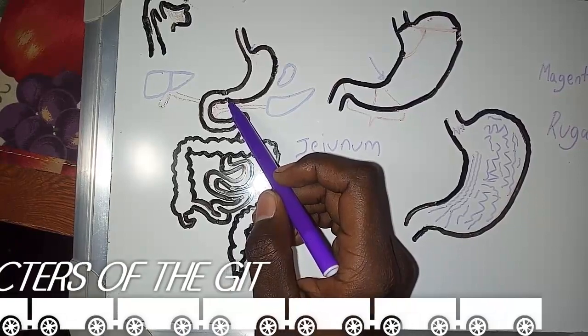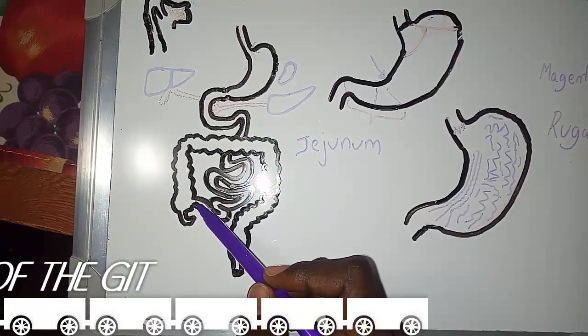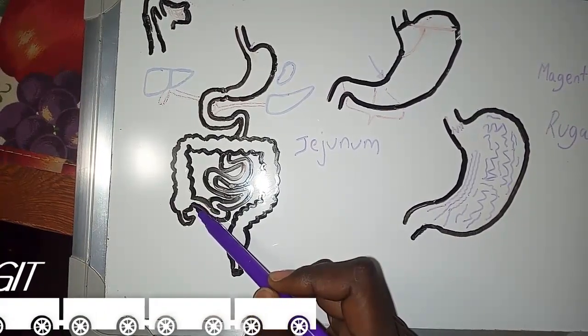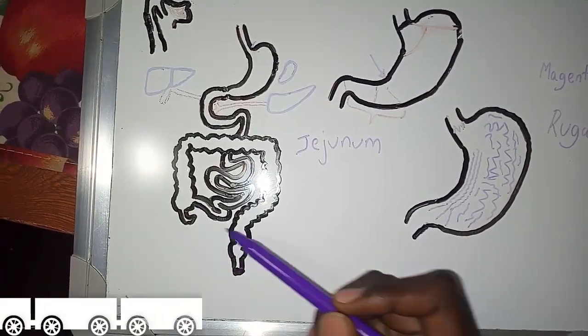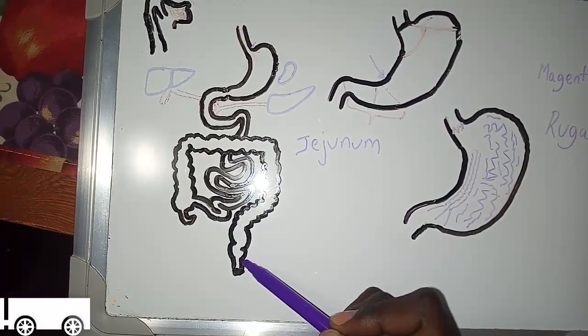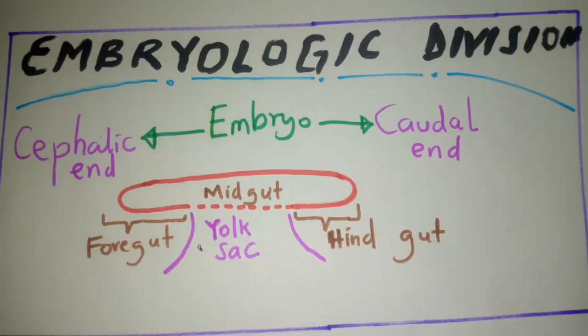We have the pyloric sphincter, which controls gastric emptying. We have the ileocecal sphincter at the ileocecal junction, which controls passage of food from the ileum into the large bowel. And lastly, we have the internal and external anal sphincters, which control passage of stool.